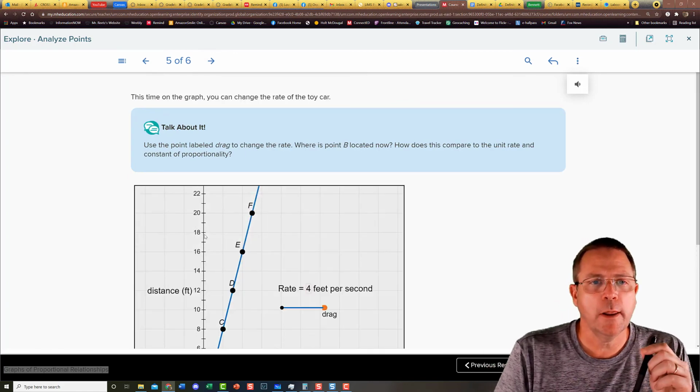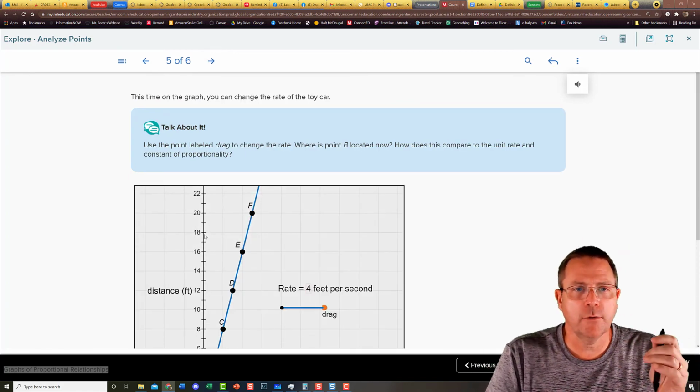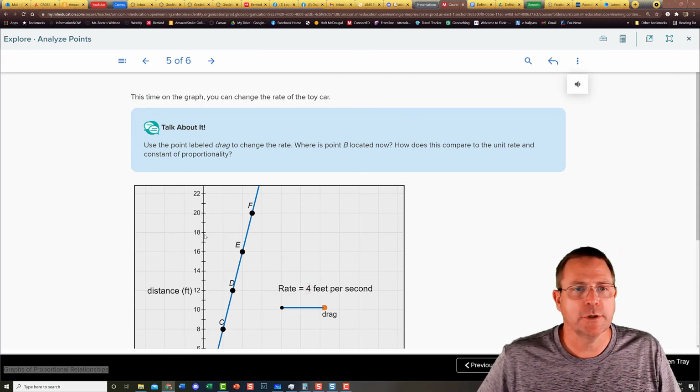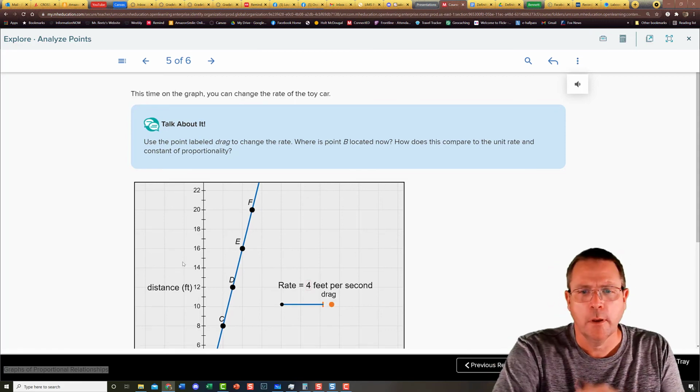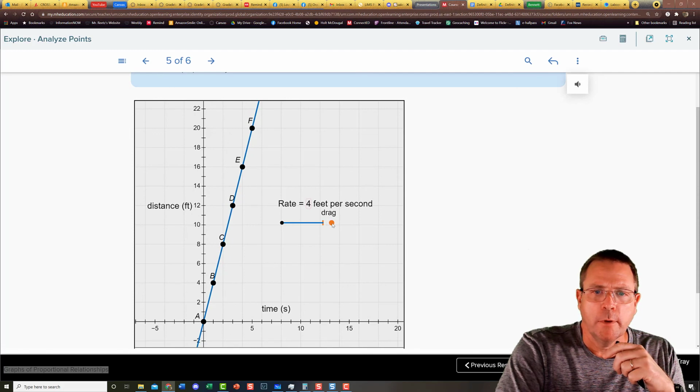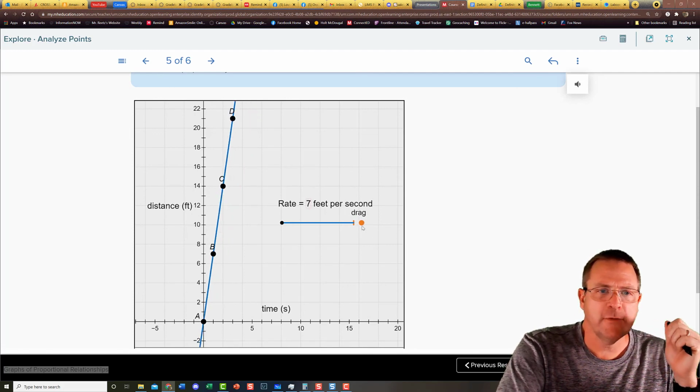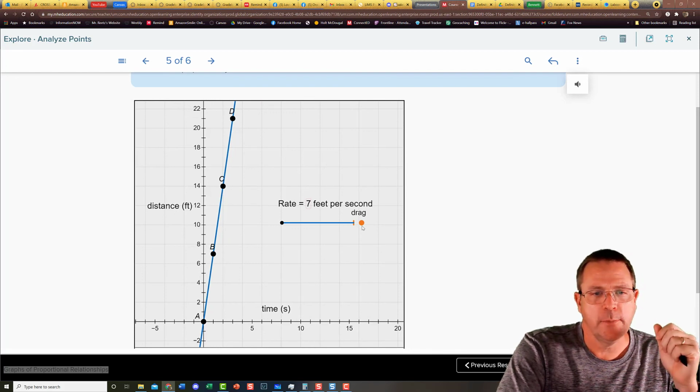Use the point labeled, drag to change the rate. Where is point B located now? How does it compare to the unit rate and the constant of proportionality? Well, isn't this one cute? If we were to take the orange dot and grab it to where, say, we have 7 feet per second, now the graph's becoming much steeper, and point B is at 1, 7.